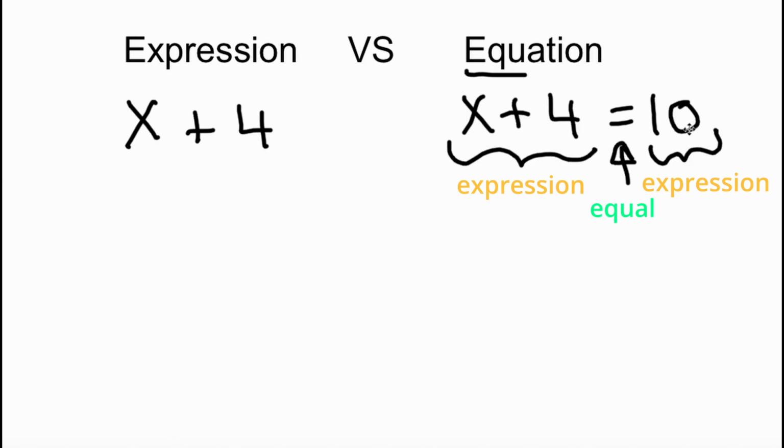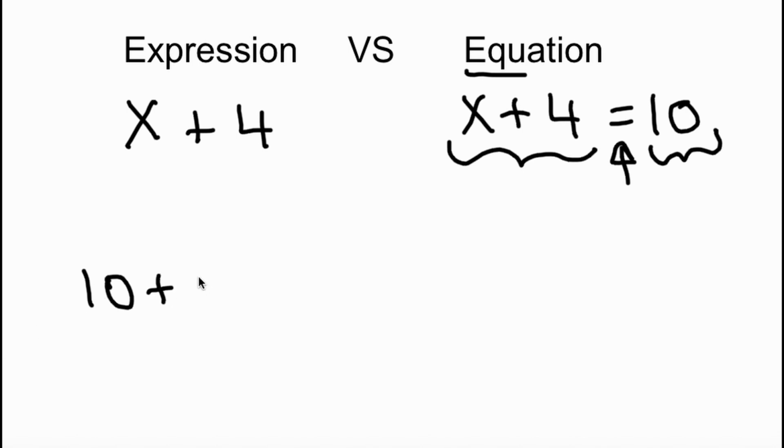Now you might say, hold on a second. The 10, I thought it was called a constant or a numerical term. Yes. Now an expression can be a single term, two terms, or many terms. For example, a 10 on its own can also be called an expression or a numerical expression. And then when I add x, now this becomes a two-term expression because it has two separate terms, a numerical term and an algebraic term.